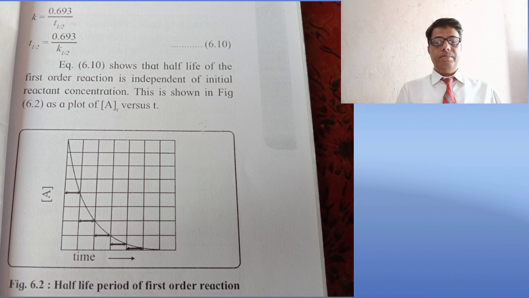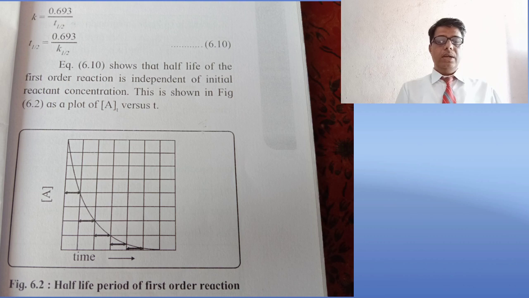Now units: particularly considering equation 6.7, the unit for the rate constant is second inverse, minute inverse, or hour inverse. Next, what is half-life? Half-life is the time required for the reactant concentration to fall to 1/2 of its initial value or initial concentration.